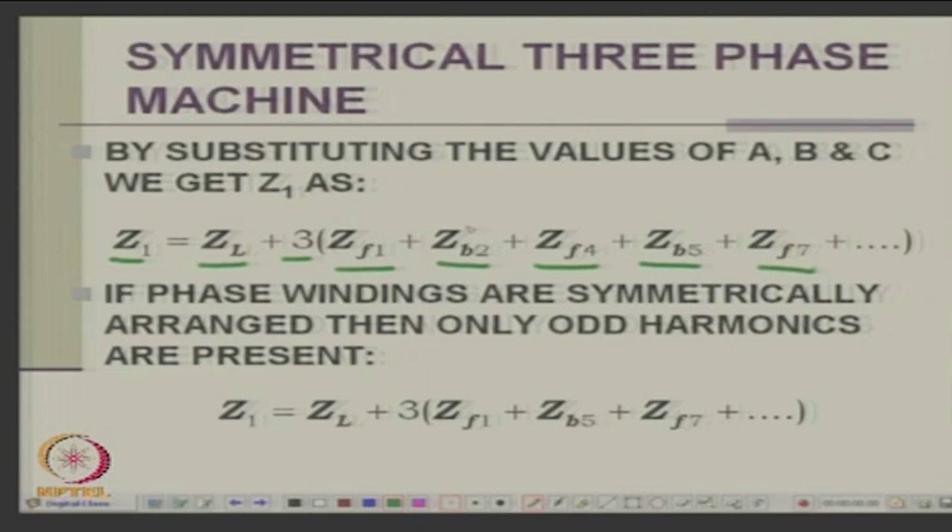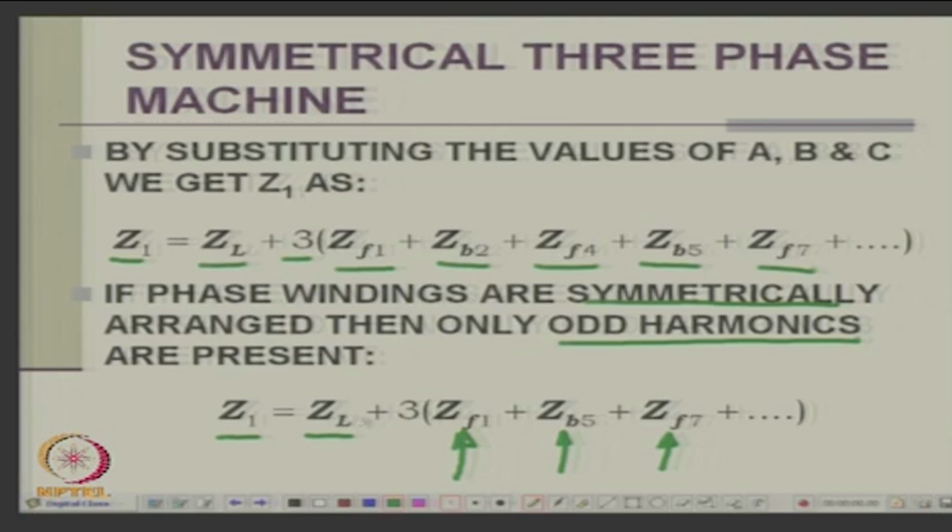This is what you will get, and if you neglect the even harmonics, if it is symmetrically arranged and only odd harmonics are there, the positive sequence impedance will consist of the leakage impedance plus 3 times ZF1, that is due to the forward field only, the fundamental, and ZB5, that is the 5th harmonic backward field, and ZF7, the 7th harmonic forward field.